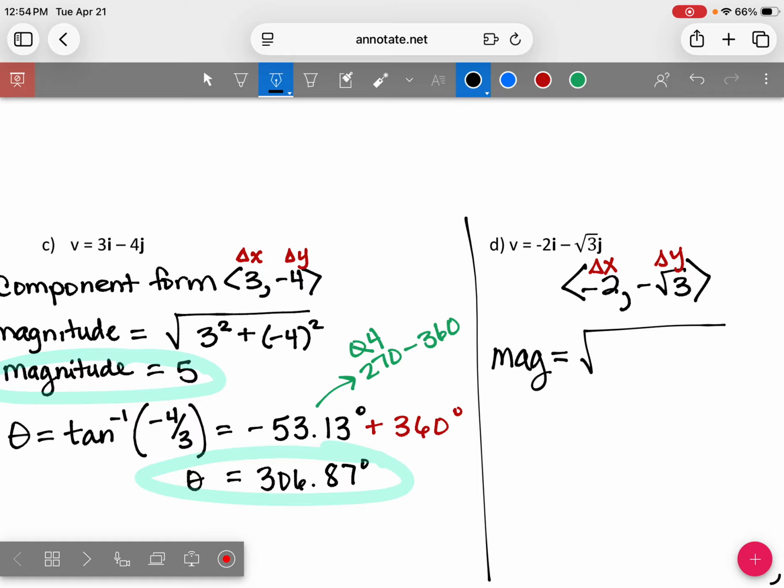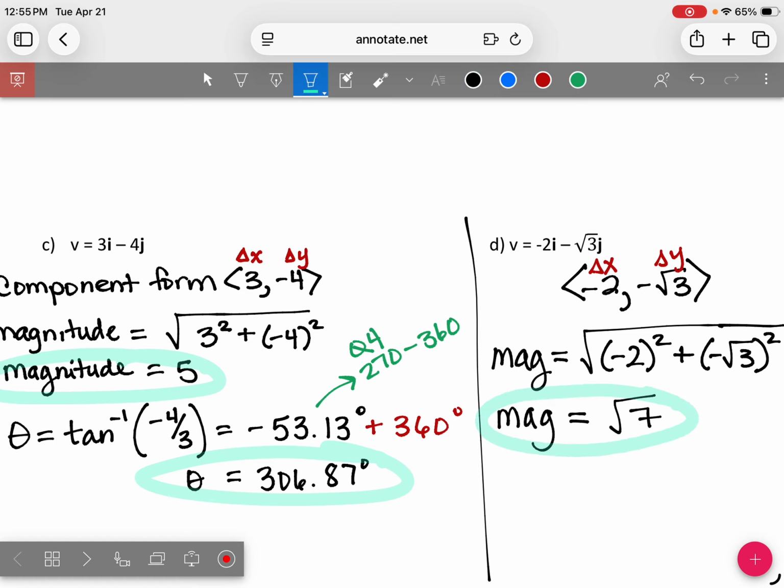And we can leave that in square root form. So I had square root 7 for my magnitude.